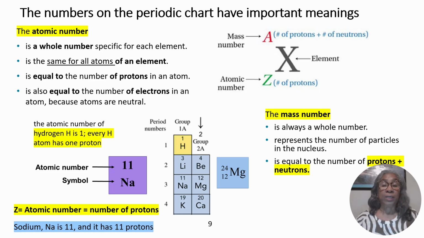Potassium's atomic number is 19. It has 19 protons and 19 electrons. I need more information to know the mass number because I don't have the information of how many neutrons you have. The number of protons is not always identical to the number of neutrons. That number varies.